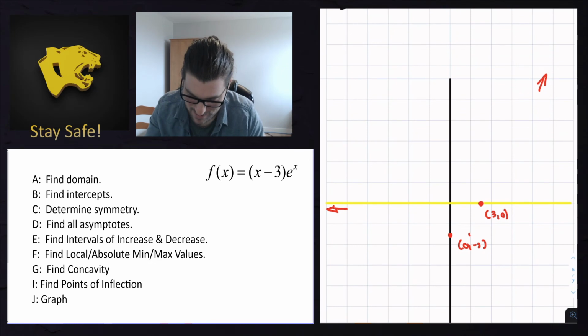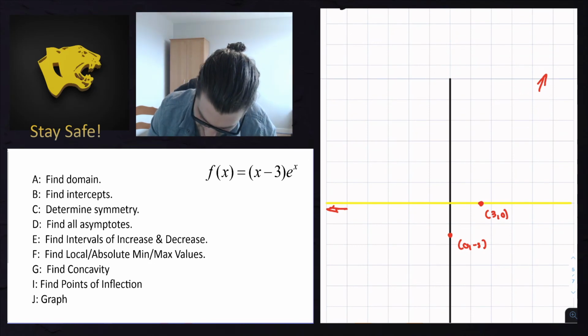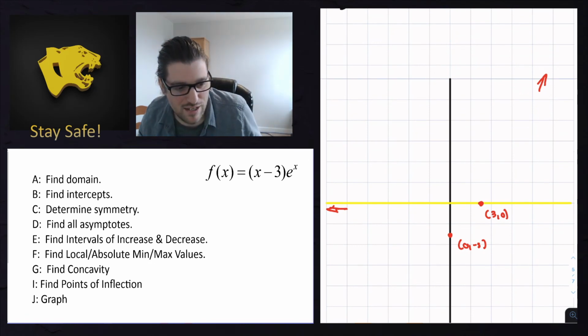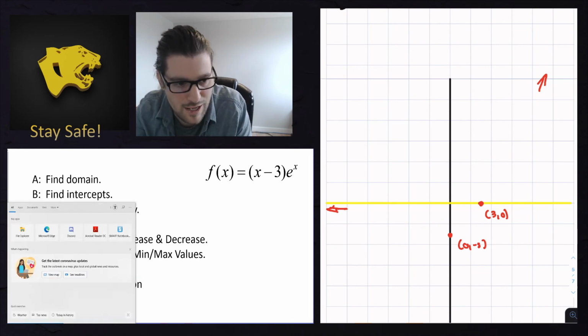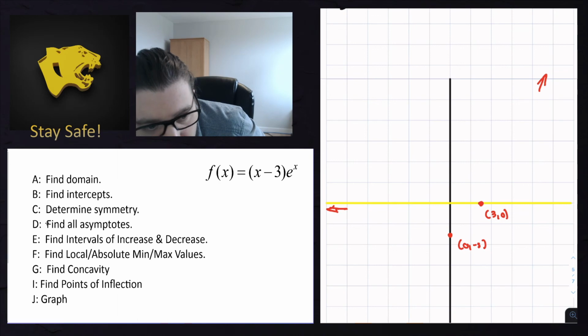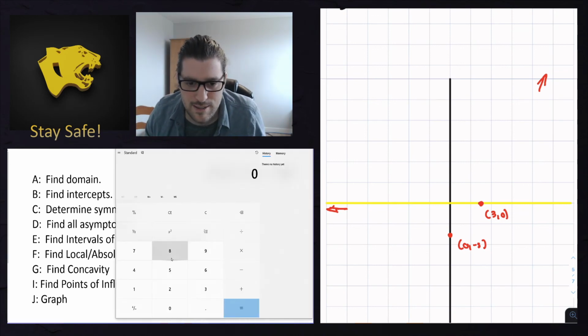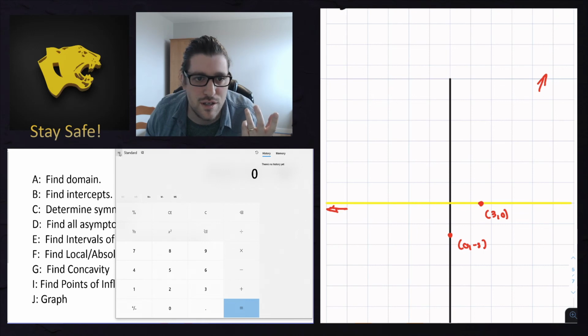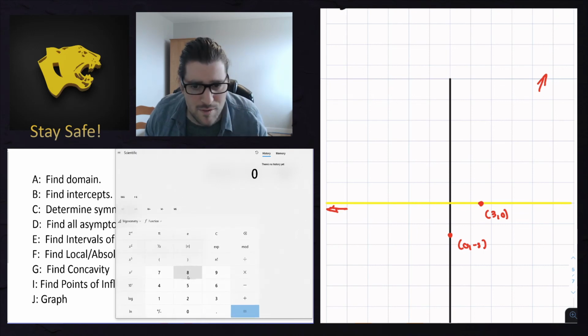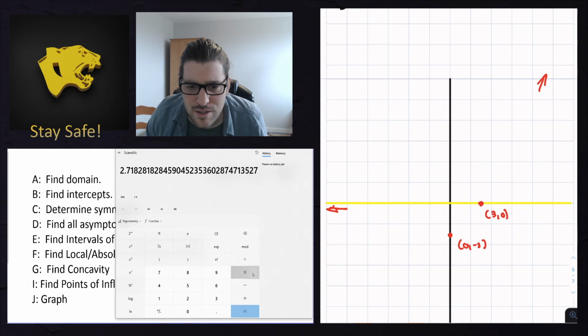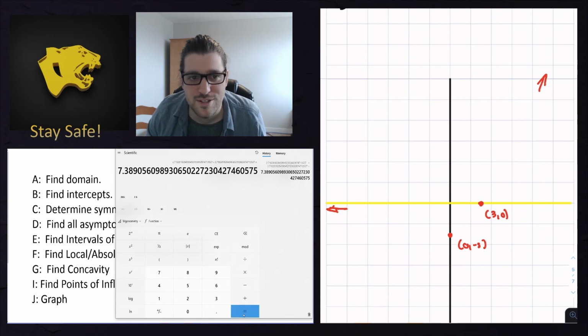I do remember saying that, but I don't have much confidence in that, so I am going to do a calc, and let's see. Oh gosh. So e times e equals 7.39.